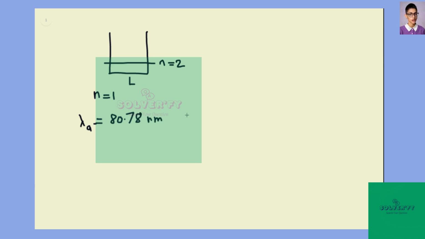Now I can write a relationship between energy and wavelength: E is equal to hc over lambda. So anything which has a long wavelength will lead to a very small energy. So the longest wavelength, lambda A, corresponds to the lowest energy.